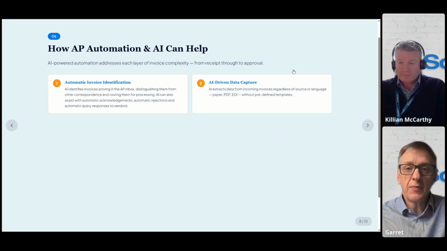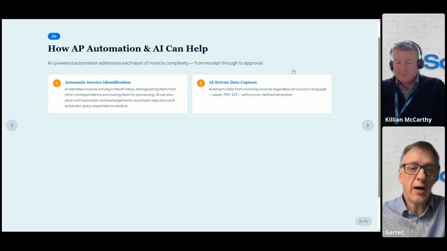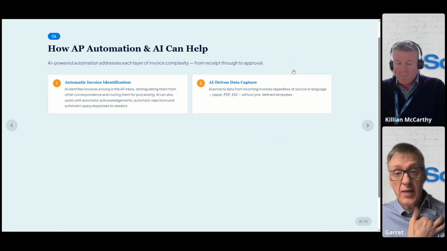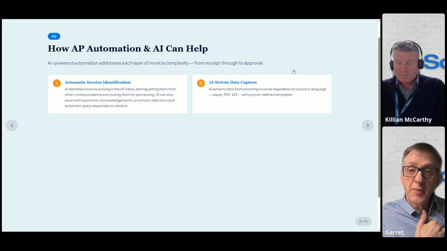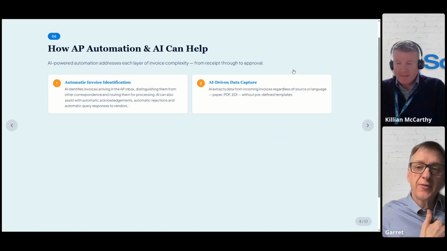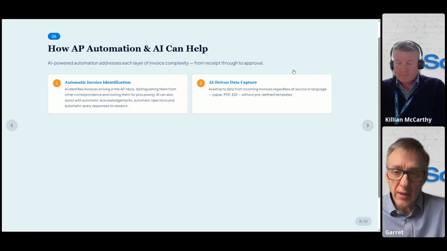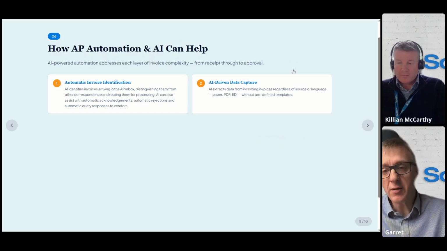Okay, then the next point, I suppose, is once you've identified an invoice, whether it's coming in via PDF or other formats, being able to extract the data from that. With EDI and e-invoicing, they're obviously structured data formats.